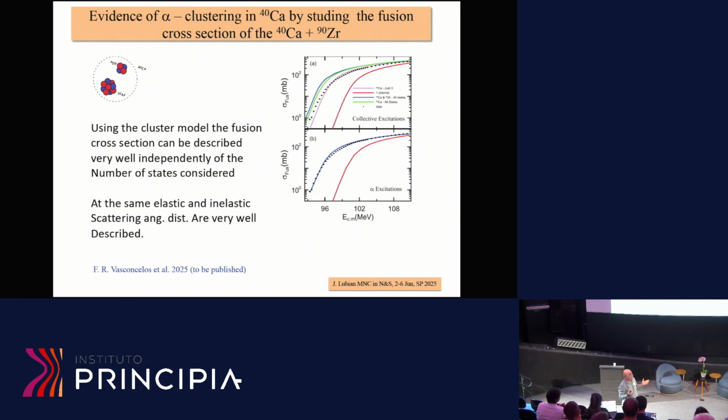The only thing you can say is which one is more important, and whether the interference between them is relevant or not. In principle, only in the perturbative case can you separate both components. But usually when you have this kind of coupled channel calculation with strong couplings, the effect is huge, so perturbative theory will not work here.